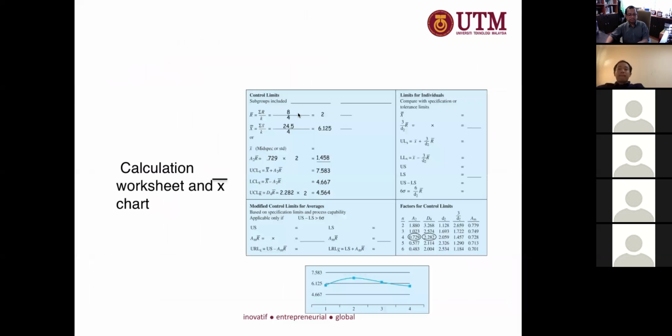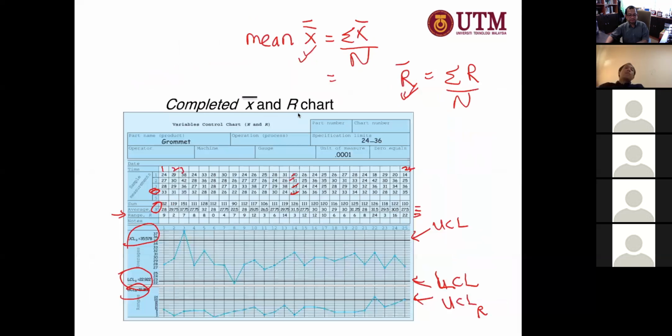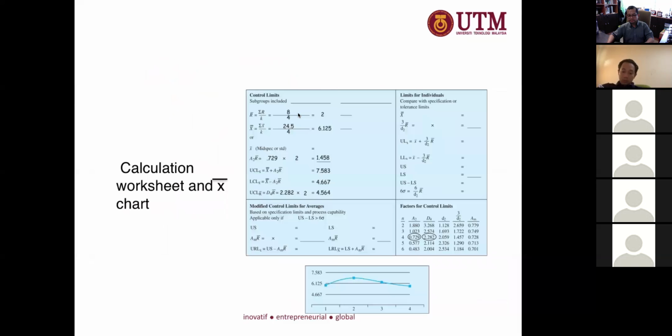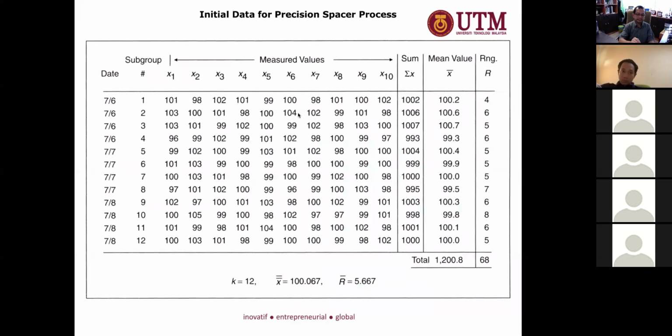Compared to the previous data set, where we only had 4 samples for each subgroup, this one has 10 samples for each subgroup. This is the subgroup.